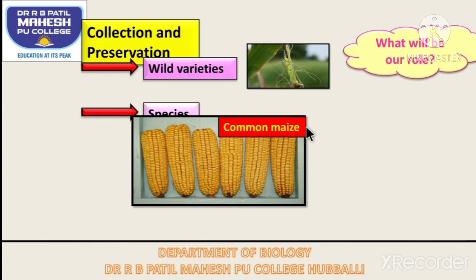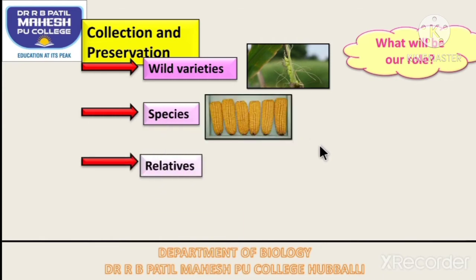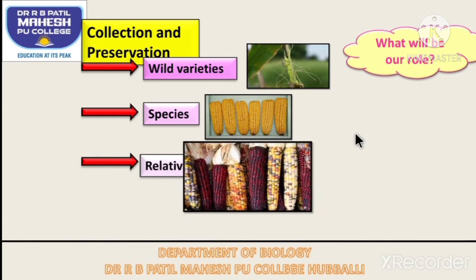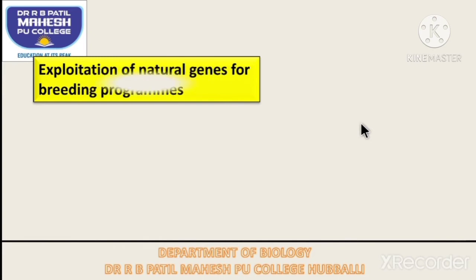This is a normal one which we have seen, a common maize. And there is another variety of maize which is said to be a relative of common maize, and that is called flint maize. What is the difference? The color. So like this we are going to collect and preserve the seeds of the plants whose quality and quantity we are going to improve. So that is the first role of us.